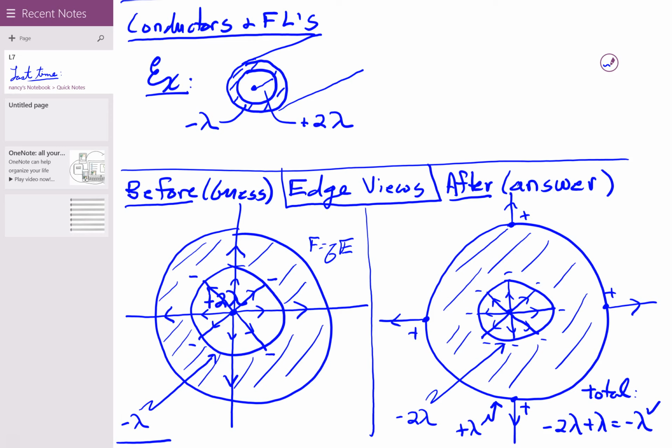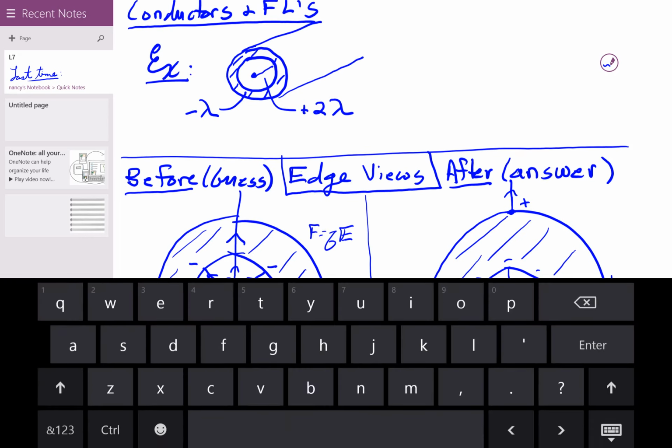So we know then that we are going to get some additional polarization on the inner surface, and we will collect minus charges on there until we have just enough negative charges in here to finally cancel out that electric field.